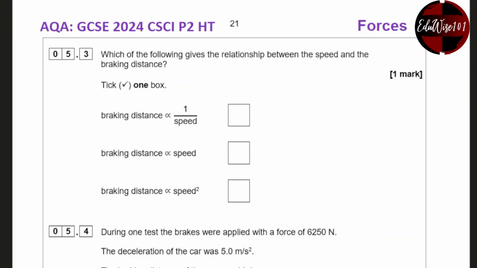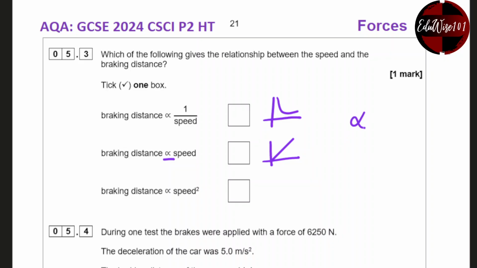Because with 1 over speed, the value is going to be decreasing, so the graph would be like that. If it was directly proportional, it will be a straight line.